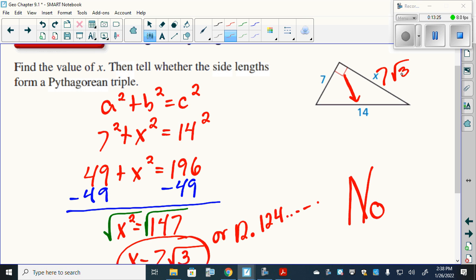Now, it does work out, since it is 12.12 going on, well, is that side length smaller than the hypotenuse? Well, yes. This side length has to be smaller than 14, because the hypotenuse is always the longest side in any right triangle. So whatever side length we found here had to be smaller than 14. Any other questions on this here?